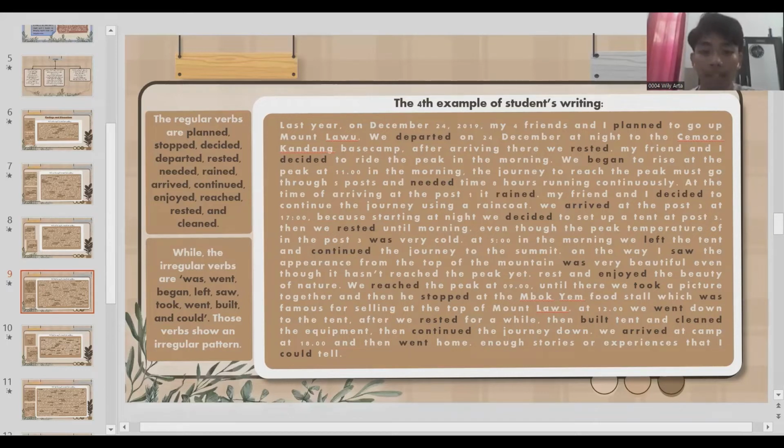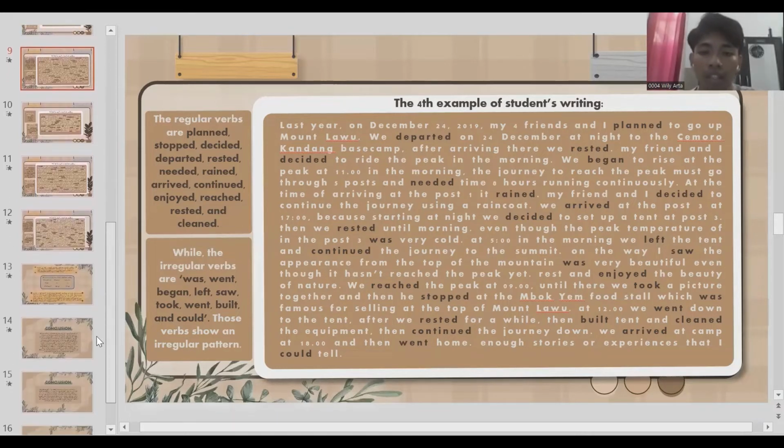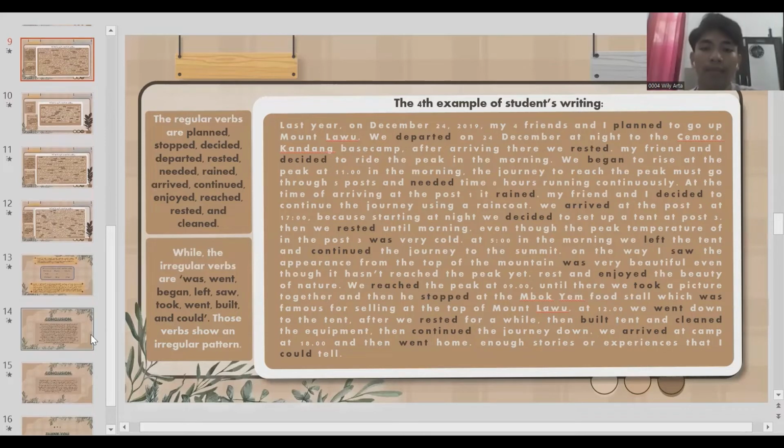For example, verb 1 is be, changed to verb 2 into was, and verb 1 is go, then changed into verb 2 went. Verb 1 is begin, changed to verb 2 began. Next, please.